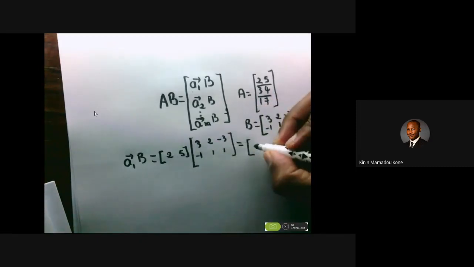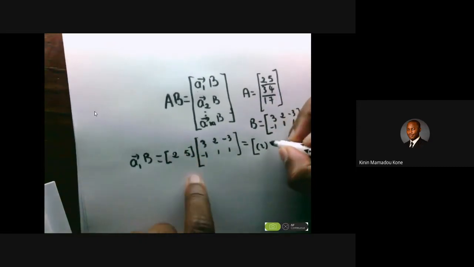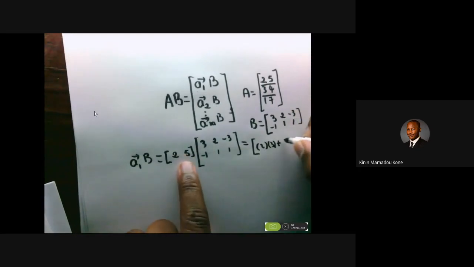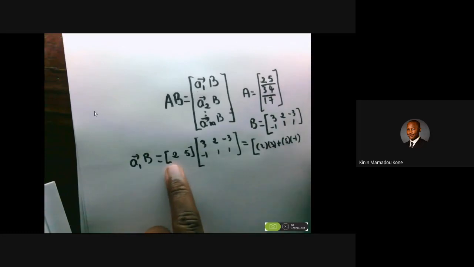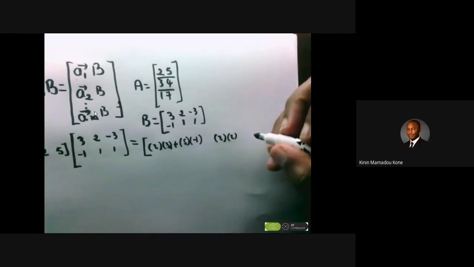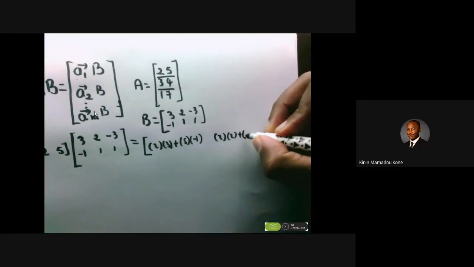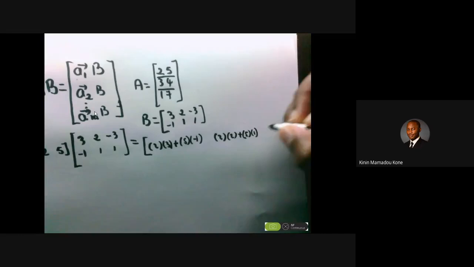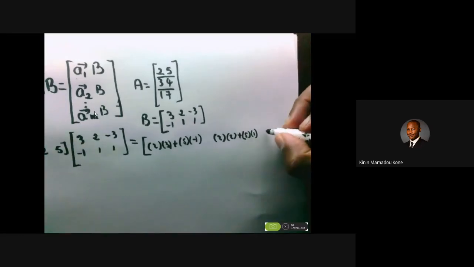So 2 times 3 plus 5 times negative 1. Now next row times column: 2 times 2 plus 5 times 1. Finally, we have 2 times negative 3 plus 5 times 1.